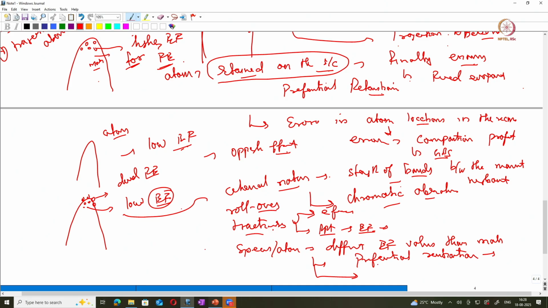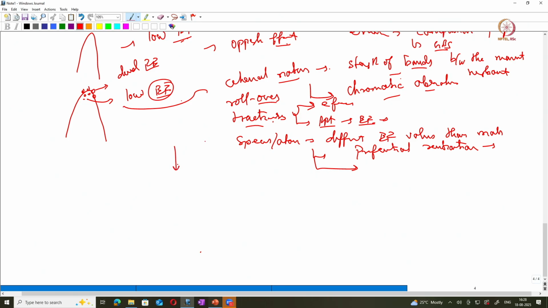Correct? This particular effect usually affects the depth resolution of ions. Okay, remember, as I told you, the z coordinate is a sequential process.